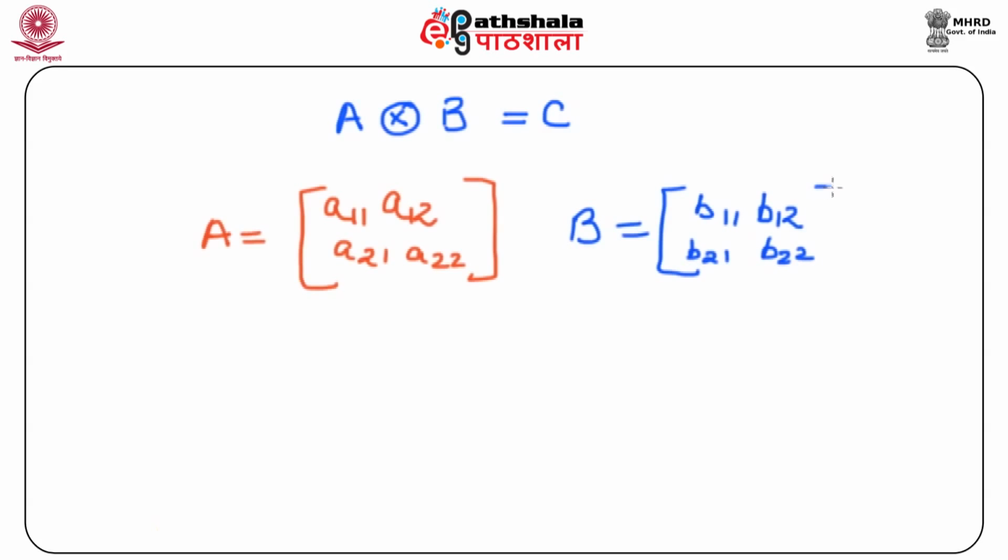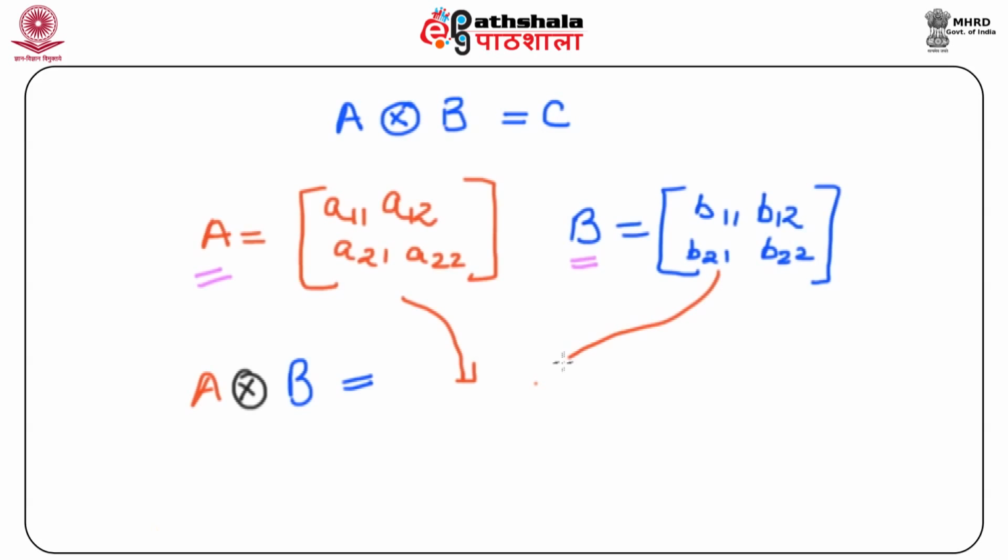So this is also a 2 by 2 matrix. Now if we have to find the direct product between A and B, we can rewrite A, with the direct product symbol, with B as this multiplied by this.